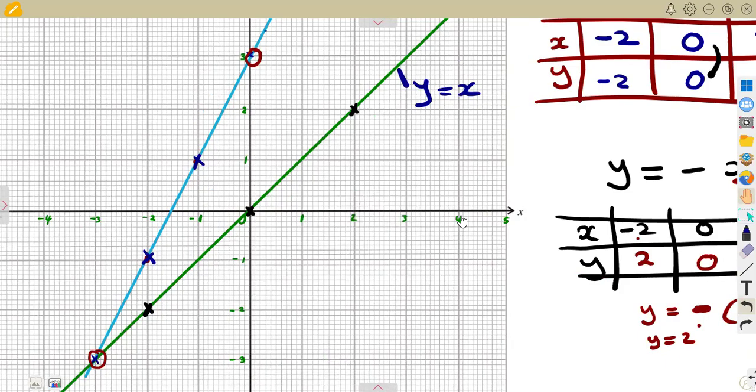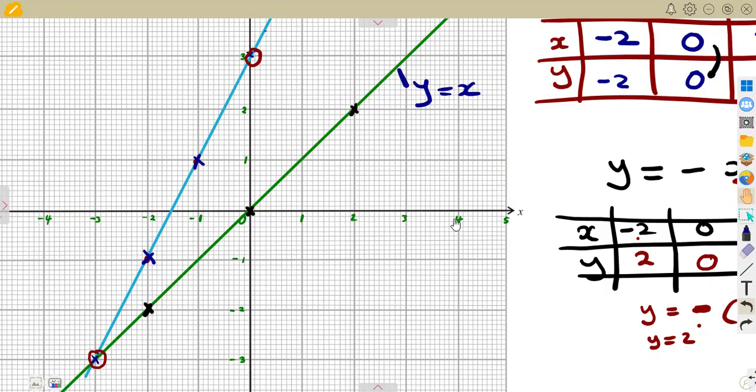This line has some properties that you can consider, and in practice you will not even need to use the table of values by understanding these properties. Provided that the scale is the same, that is the first thing.